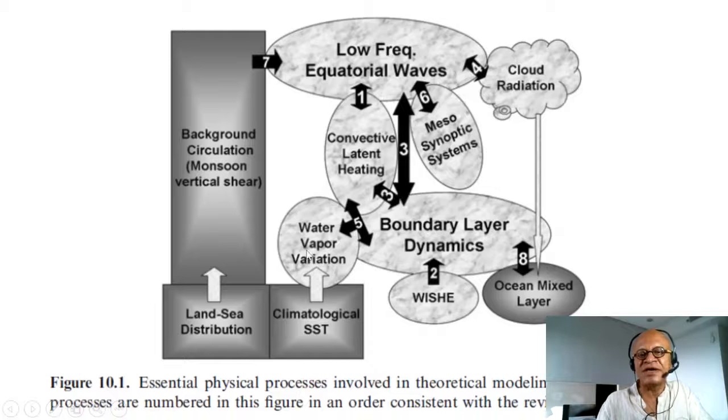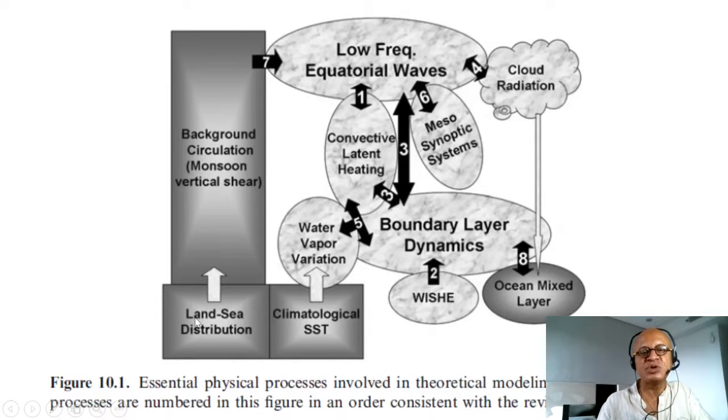This is from Bin Wang's chapter from the same Lau and Waliser book that we'll come back to when we look at the theories of intraseasonal variability, but it gives you a sense of the complications involved, but also the fact that there are multiple theories, which means we still have some understanding to be advanced.